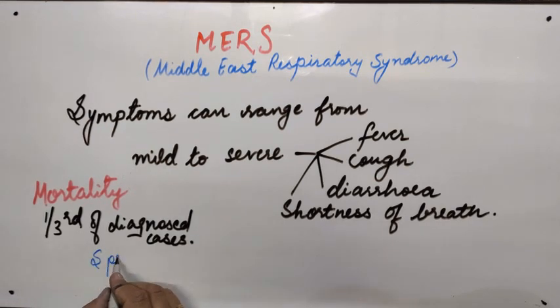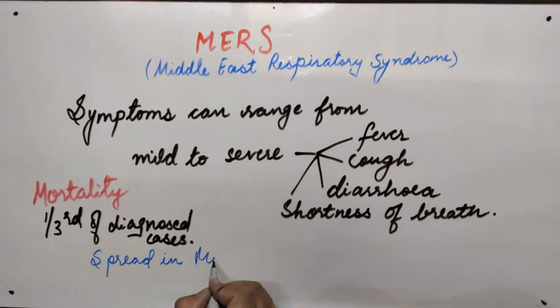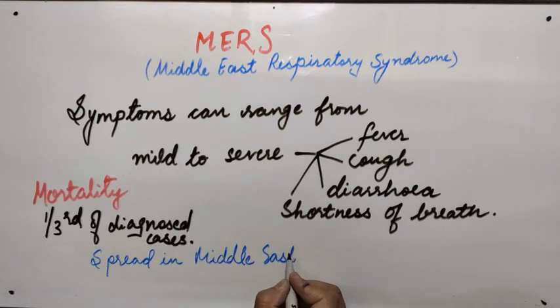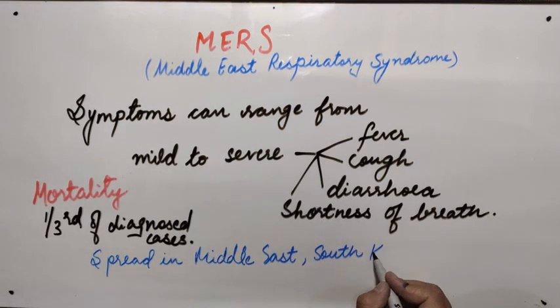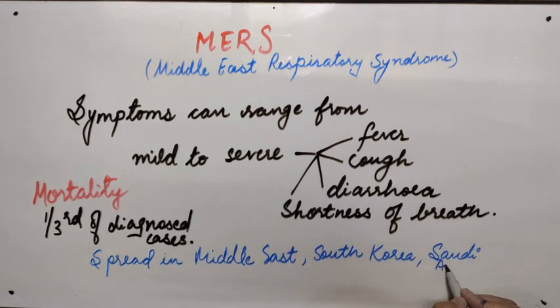MERS was spread in Middle East, as the name suggests, and South Korea, Saudi Arabia.